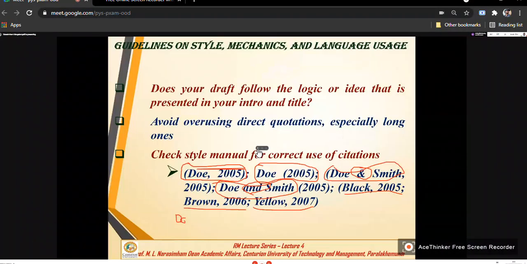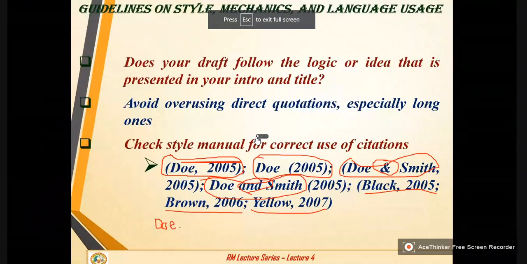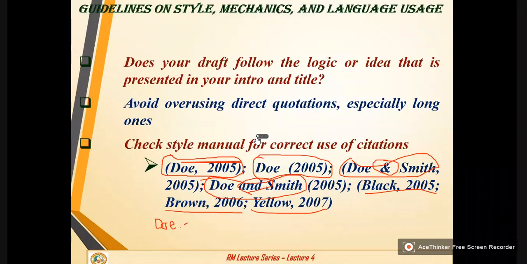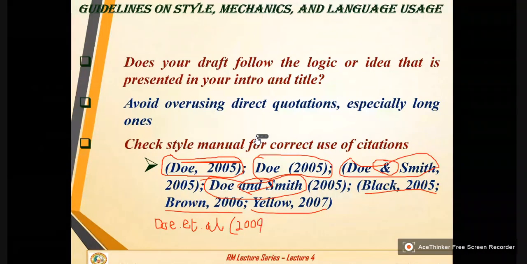The first author is Joe, and then we use et al. within brackets. Like this you can write.